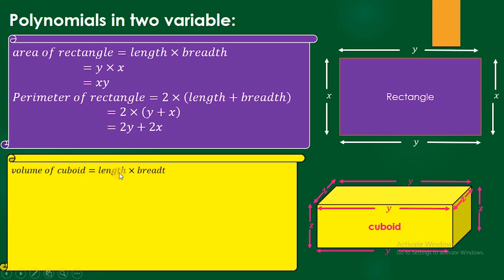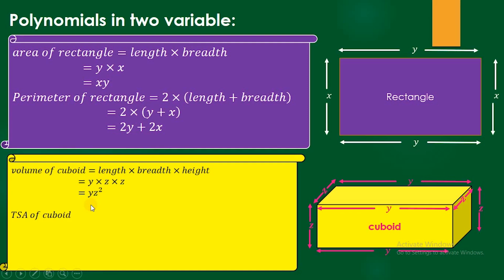Volume of the cuboid is length into breadth into height. Here length is y unit, breadth is z unit and height is again z unit. So y into z into z, which is equal to y z square. Again it is a polynomial in two variables, that is y and z.